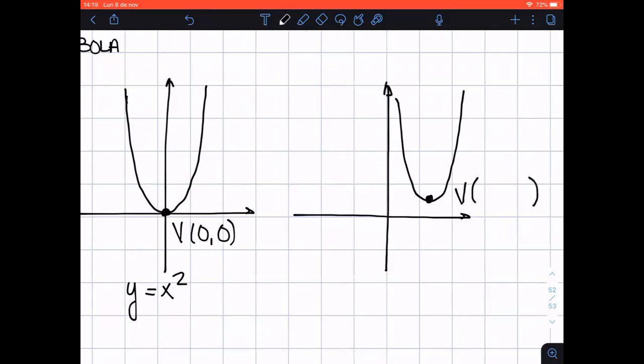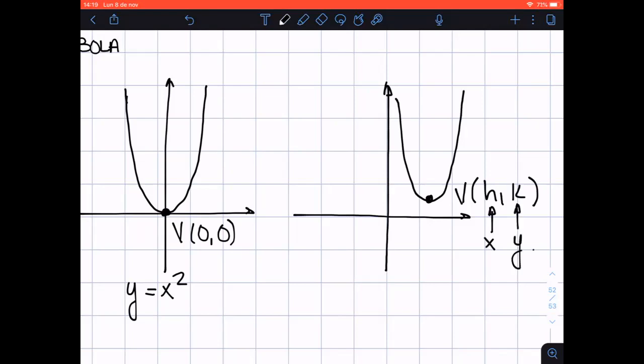And if you recall, we call those numbers h, k. So in general terms, the vertex will always have coordinates h, k, where h is the x coordinate and k is the y coordinate, okay?